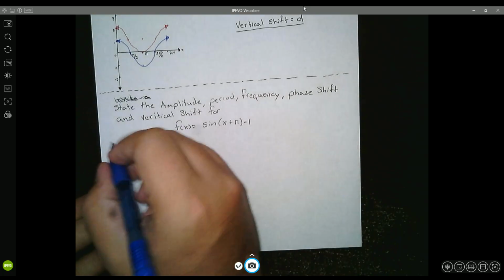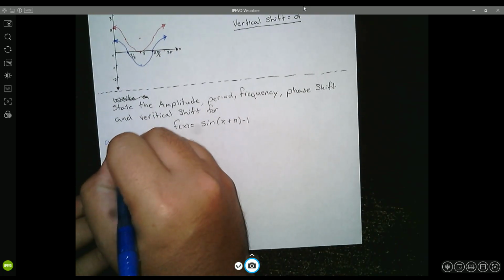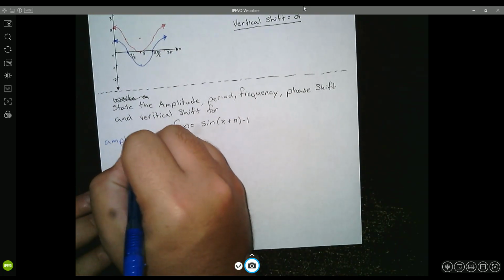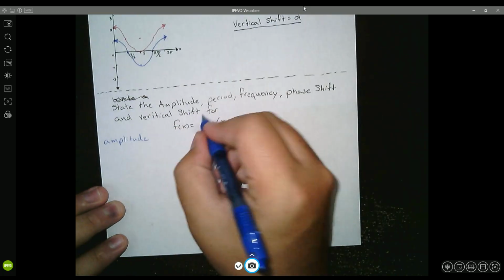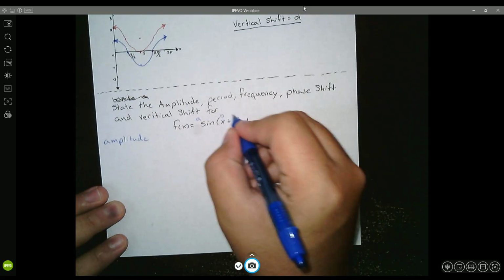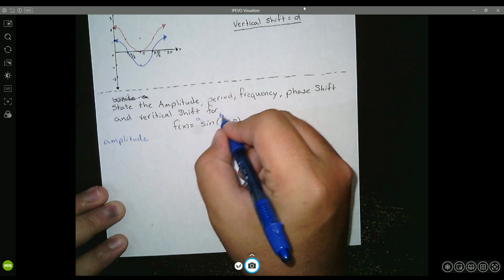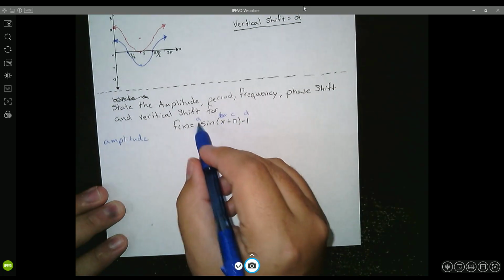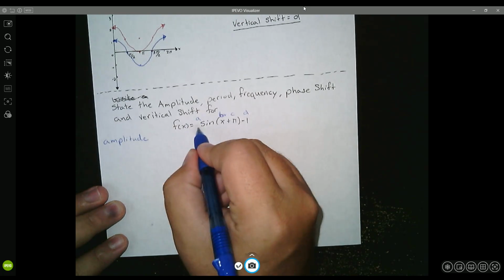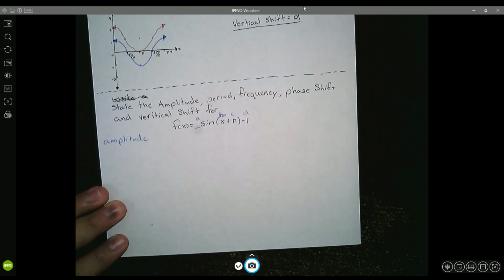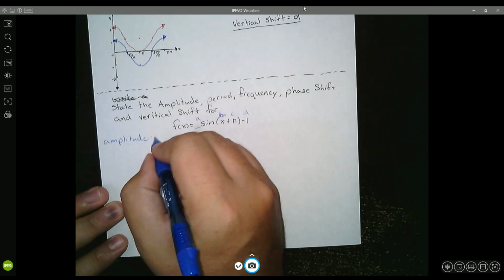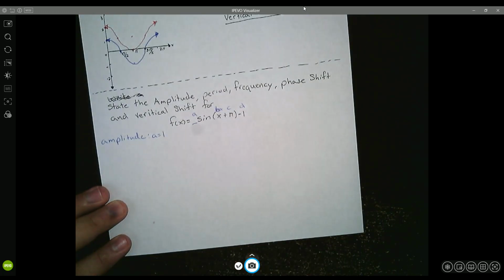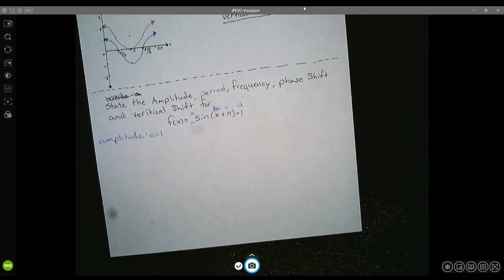The first thing is the amplitude, which should be coming from a. Since there's nothing in front of sine, that tells us the amplitude is equal to 1.